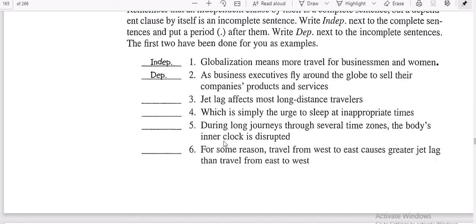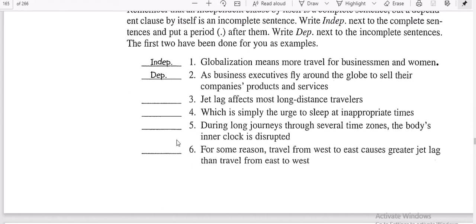Here the subject is body's inner clock. This is the subject. Is is the verb. Disturbed is a complement of the verb because this sentence is passive. There is no subordinator, so this clause is independent.